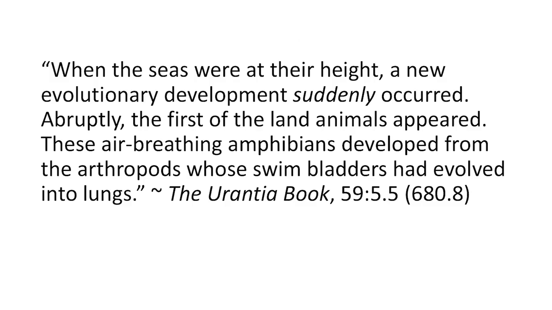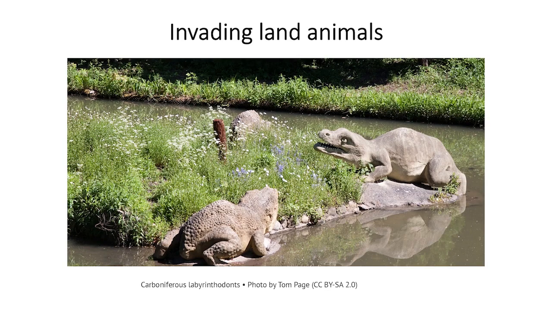The Urantia Book states, when the seas were at their height, a new evolutionary development suddenly occurred. Abruptly, the first of the land animals appeared. These air-breathing amphibians developed from the arthropods whose swim bladders had evolved into lungs. Suddenly, large numbers of amphibians permanently abandoned their marine existence.